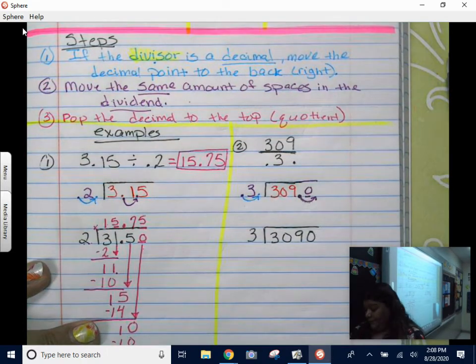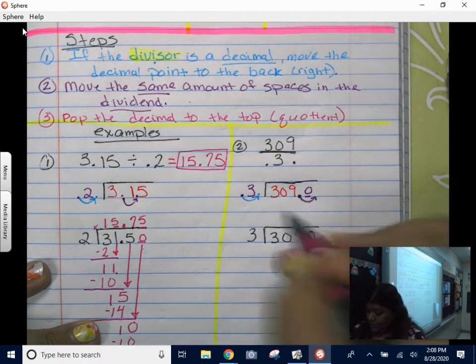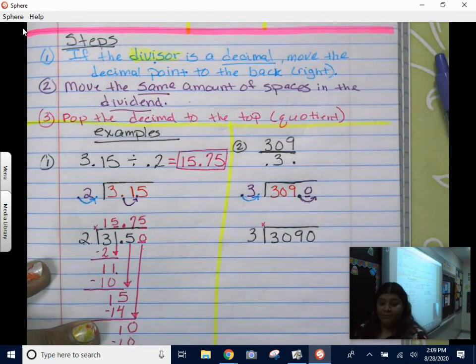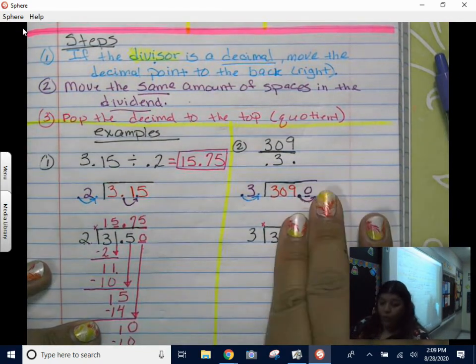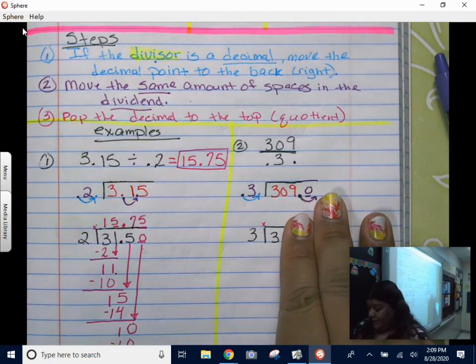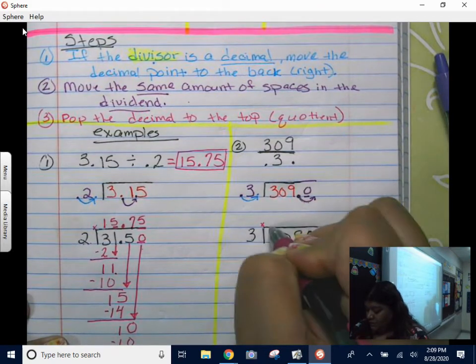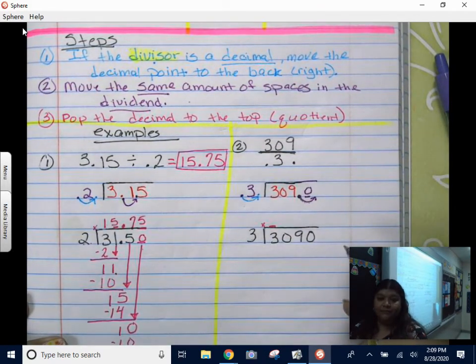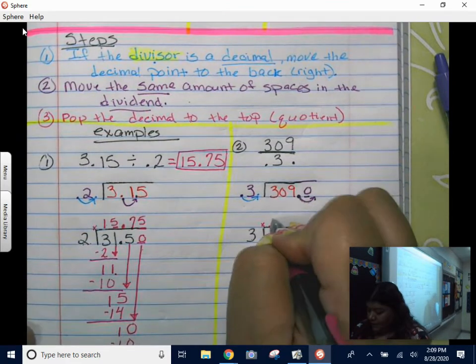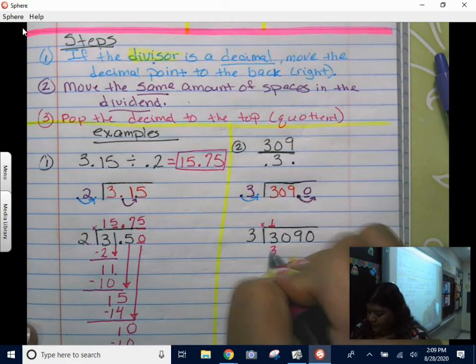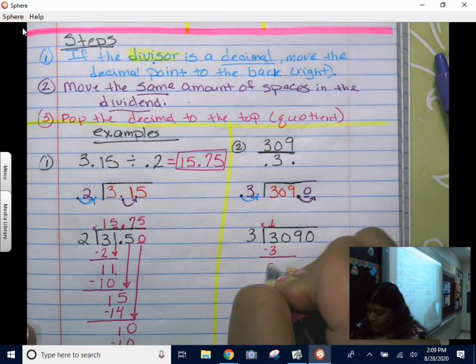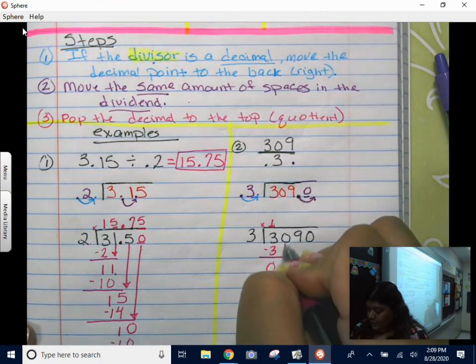Good, all right. Now let's get ready to divide. All right, let's go 1 digit at a time, okay? 3 times what gets me close to 3? 1. I know that 1 times 3 gives me 3, so I'm good there. Subtract, bring down your next number.